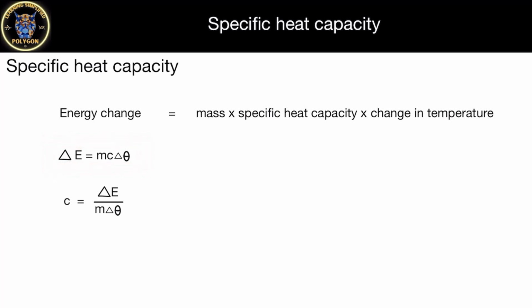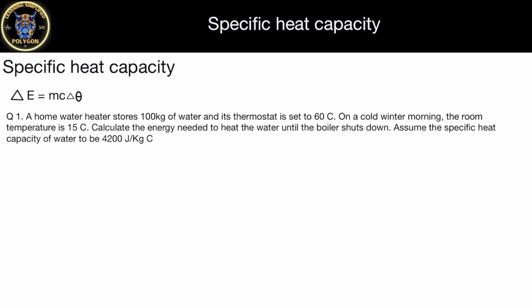Delta is a Greek word for change, so delta E means change in energy and delta theta means change in temperature. This relationship can also be used to calculate the value of specific heat capacity of any substance, which is then expressed as the change in energy of a substance divided by the product of its mass and the change in temperature. Now, here's a question for us to solve on this topic.